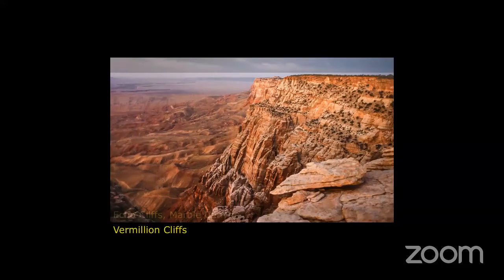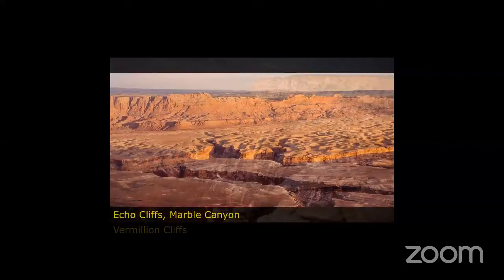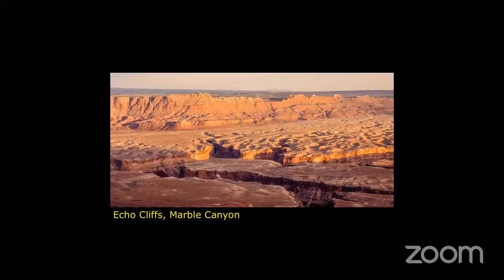And if we look out towards the east, we see the Echo Cliffs in the distance. In between the two sets of cliffs is House Rock Valley, and that deep gorge that you see in the middle of House Rock Valley was cut by the Colorado River, and it's called Marble Canyon.